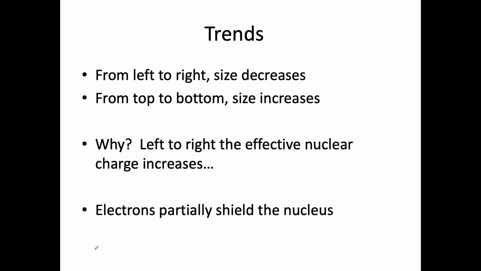Well, that makes sense. What doesn't make sense is going from left to right. Most people will say, no, that can't be right. But something that increases is what we call the effective nuclear charge. And that means the effective nuclear charge is the charge the outermost electron sees.